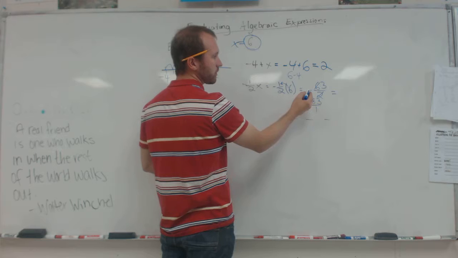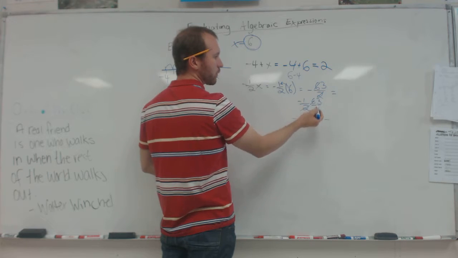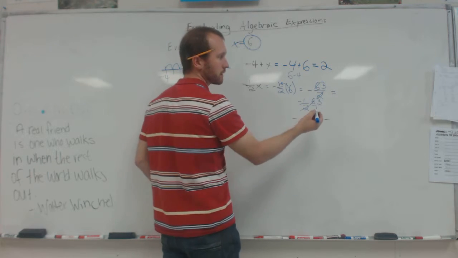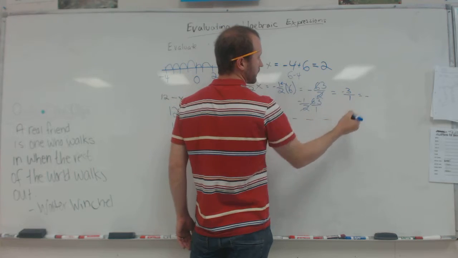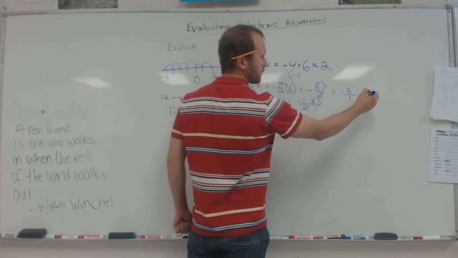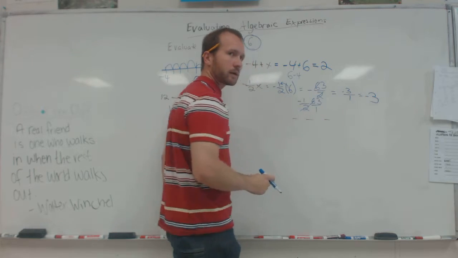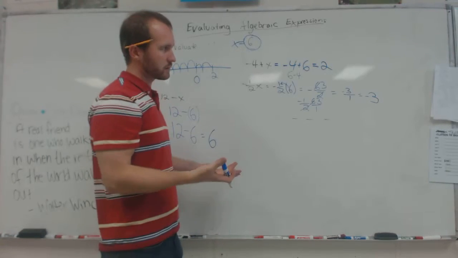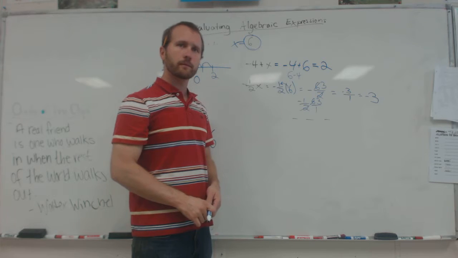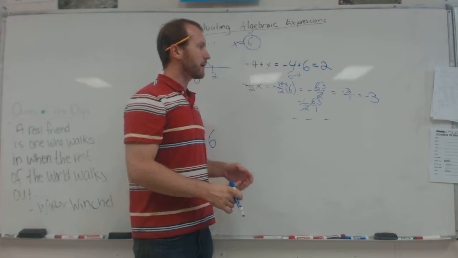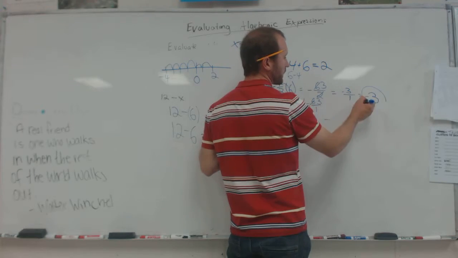And my final answer will be negative 3 over 1, which is just, what is negative 3 over 1? Just negative 3. 3 over 1 is 3, negative 3 over 1 is negative 3. That's a lot of work just to come up with a simple answer. Right. So we're simplifying is really what we're doing.